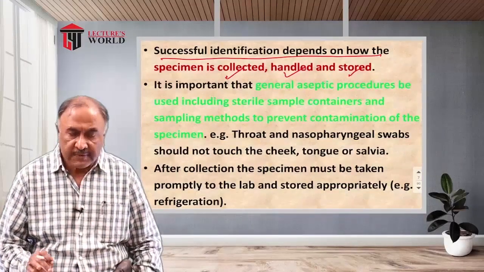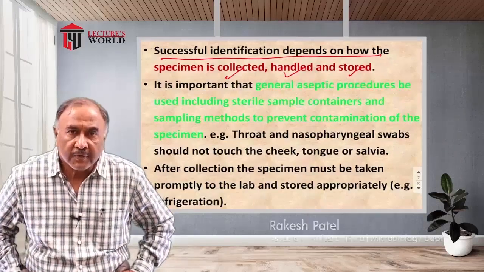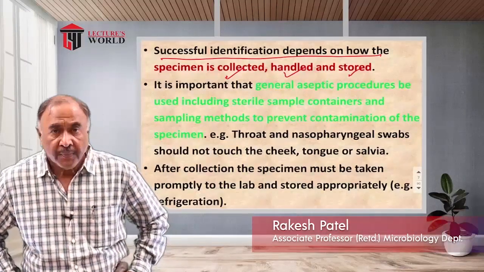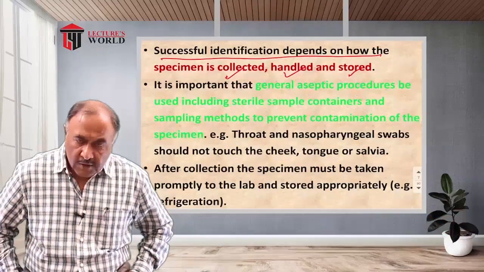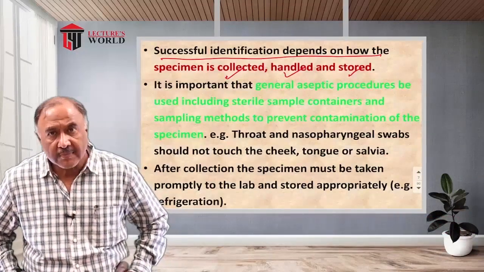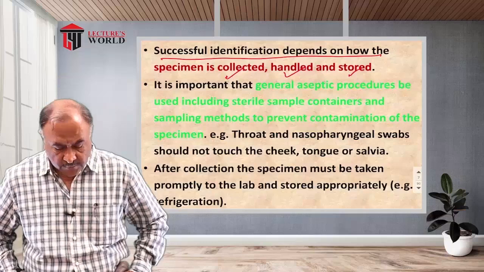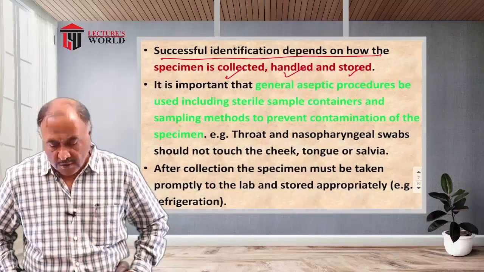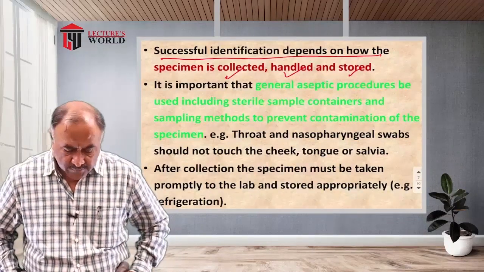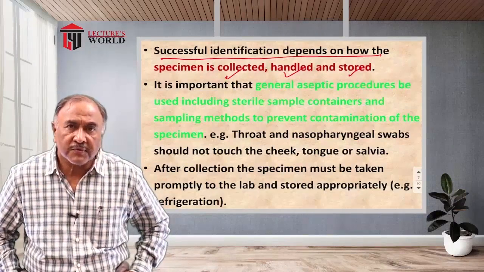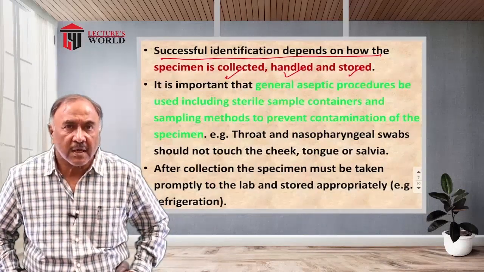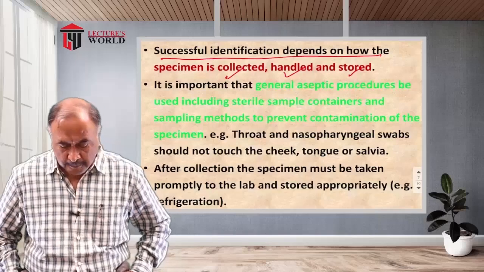You know the gram staining procedure, we have discussed in detail earlier. Use of crystal violet as a primary stain, gram's iodine as a mordant, acetone or ethanol as a decolorizer, and use of safranin as a counterstain.